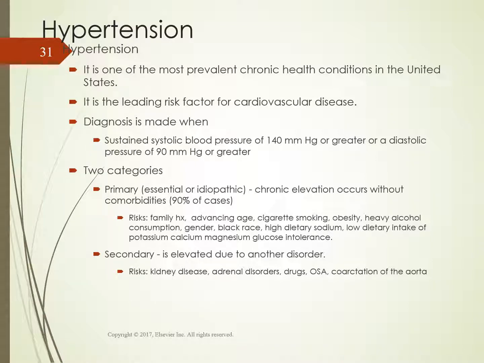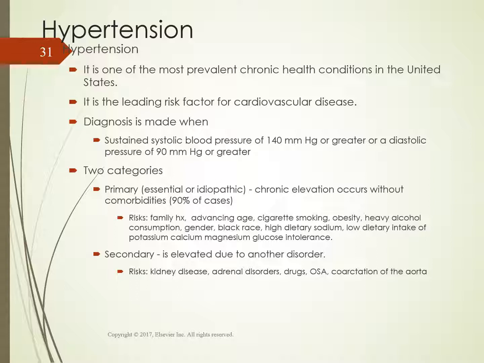Because of this vasoconstriction, renal blood flow decreases, resulting in an inappropriate activation of the renin, angiotensin, aldosterone system. So it leads to a lot of issues down the line when we're dealing with this. It is one of the most prevalent chronic health conditions in the U.S.